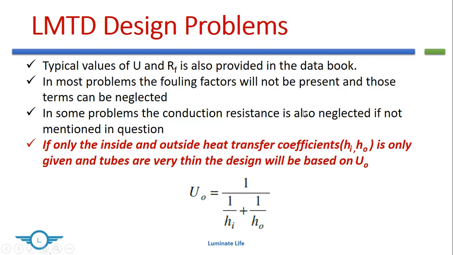For example, if the wall of the tube is very thin, then we need not mention the conduction resistance. So if the conduction resistance is absent and your fouling factors are not considered, then you can write the overall heat transfer coefficient based purely on the convective heat transfer coefficient of the inner surface and the convective heat transfer coefficient of the outer surface.